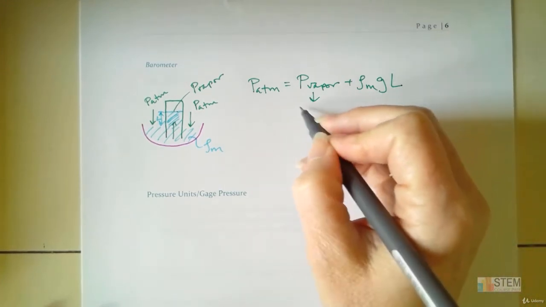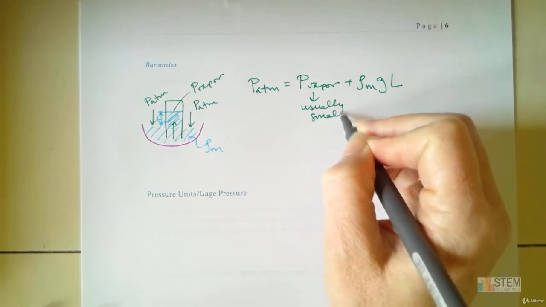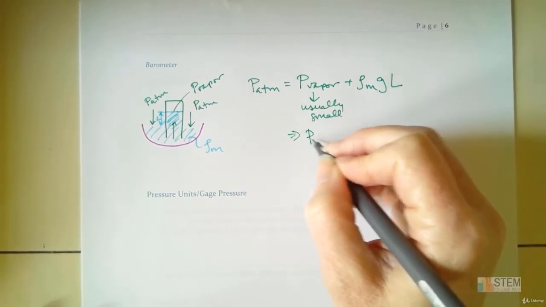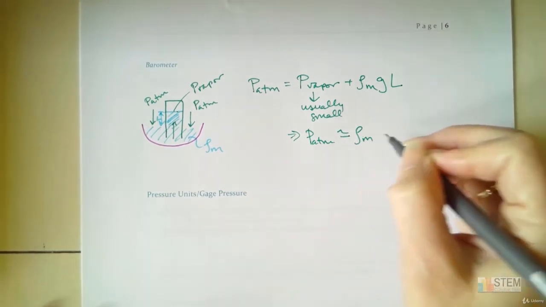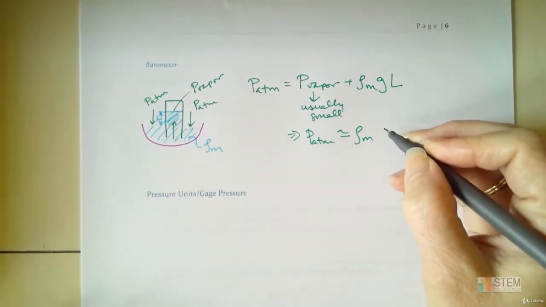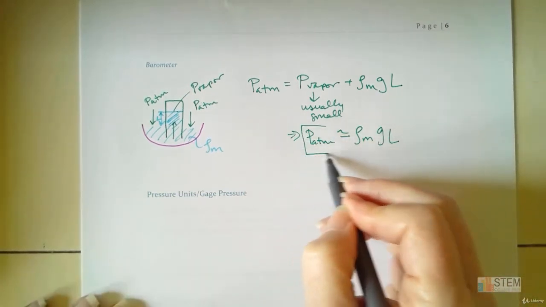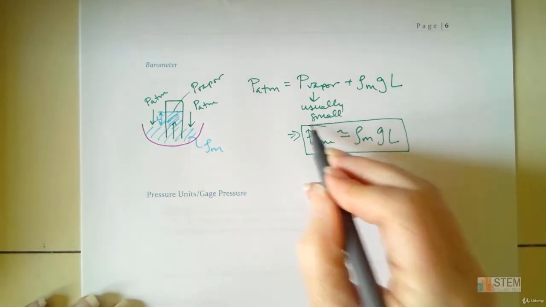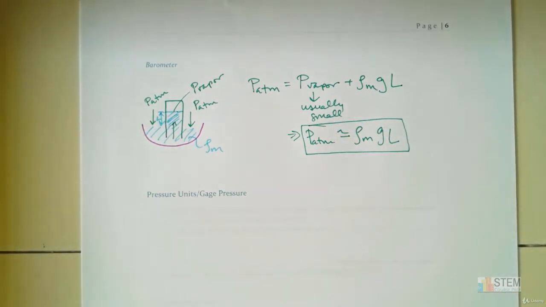Now like I said, this is usually small, so typically you can say your atmospheric pressure is approximately equal to the density of your liquid times gravity times the length L. All right, so there is that equation. So that's just a couple of examples of how you can find pressure using a liquid.